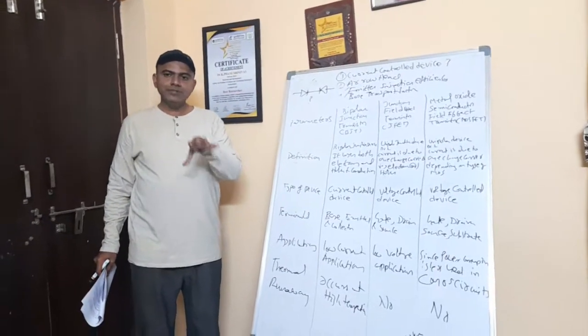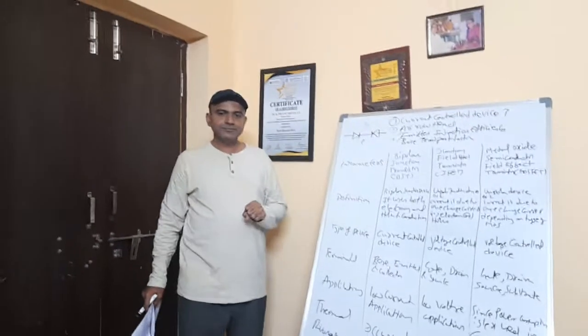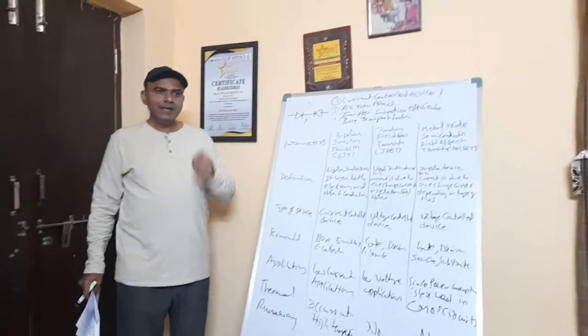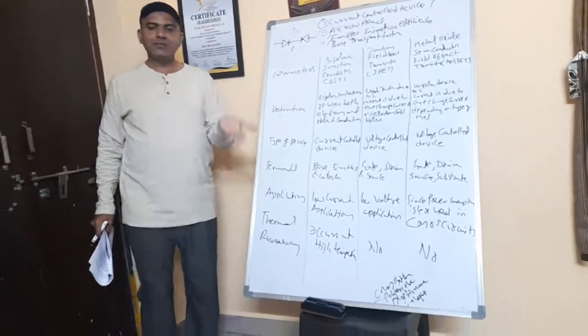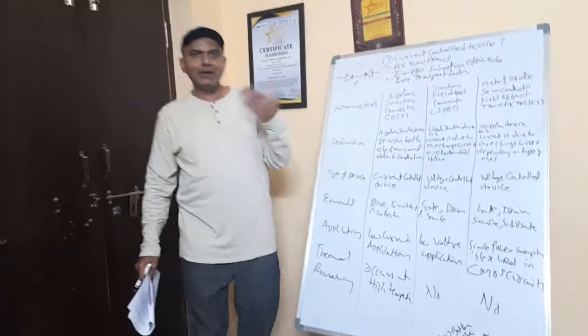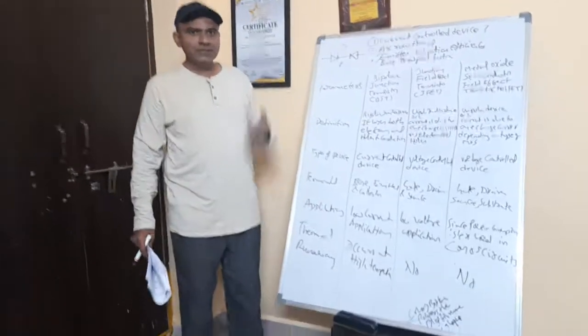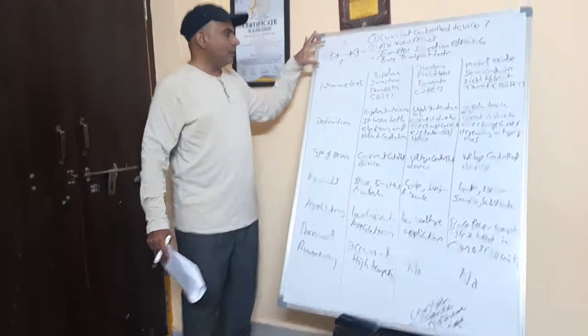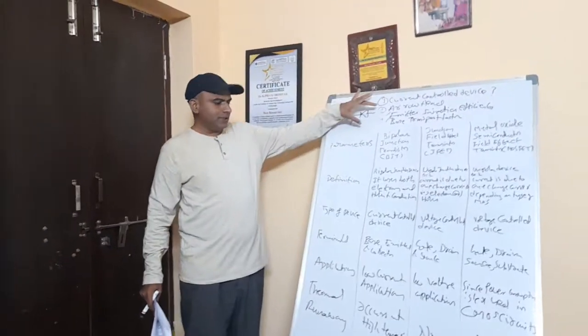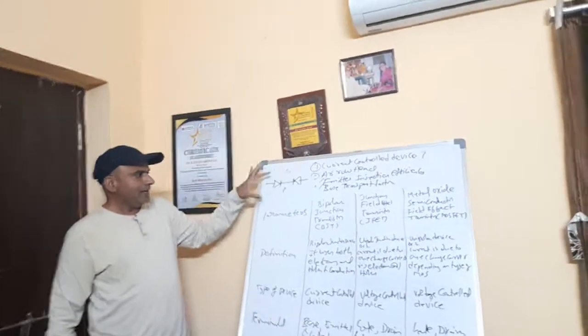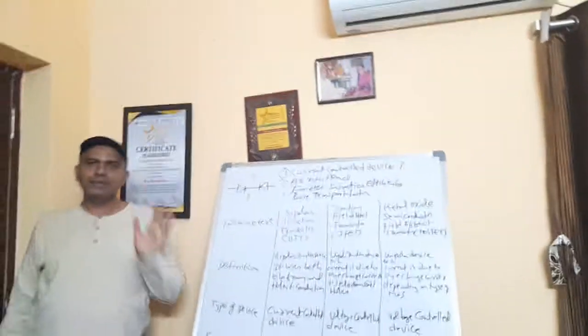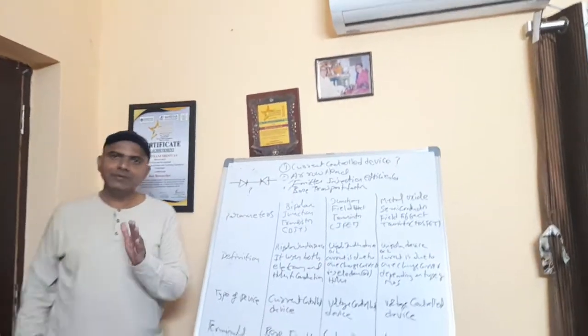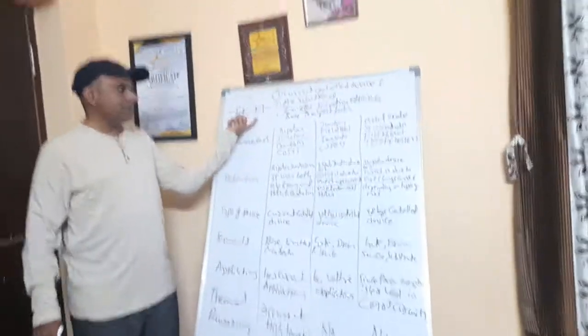The knowledge starts from the diodes. A diode is also a semiconductor device. Sequential knowledge is required to do more interpretation and analysis on semiconductor devices. So if you connect two PN junction diodes back to back, will a transistor function come or not? That is my question. Try to interpret this logic.